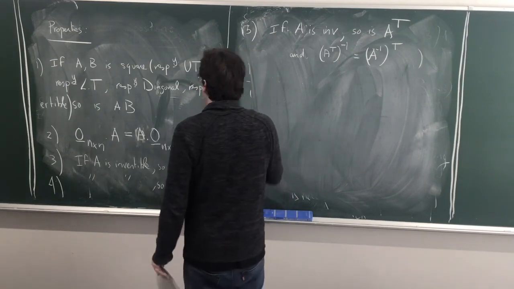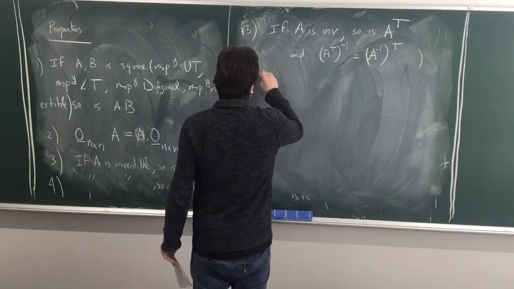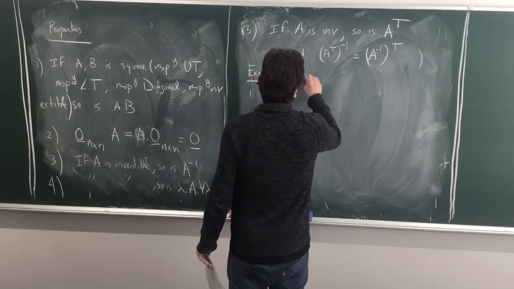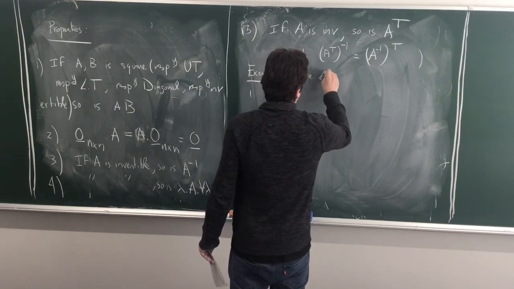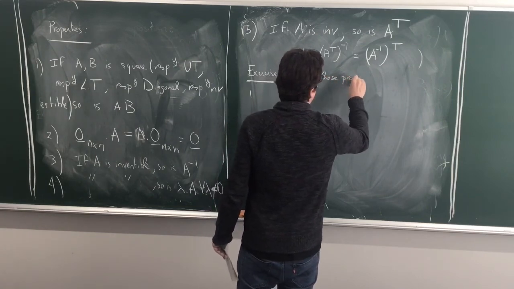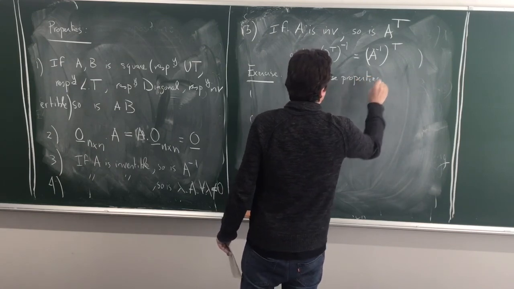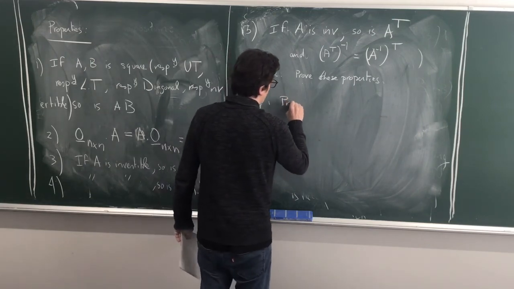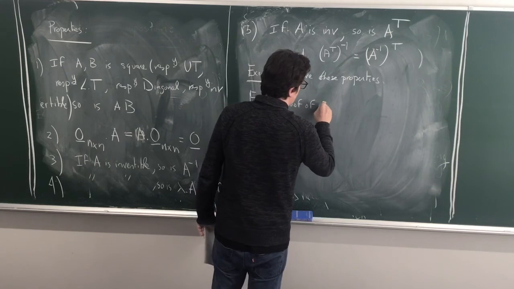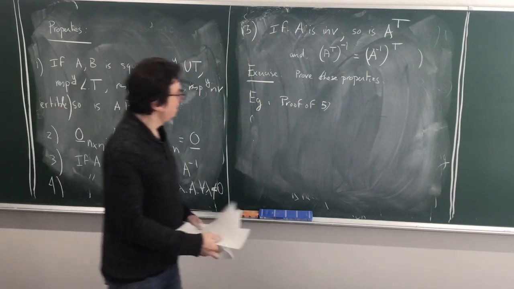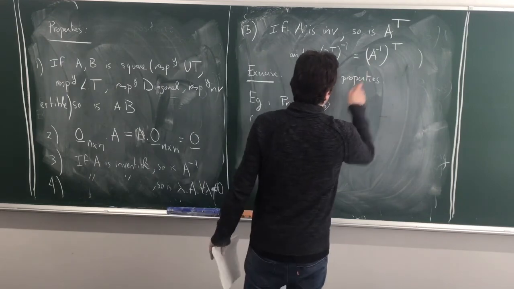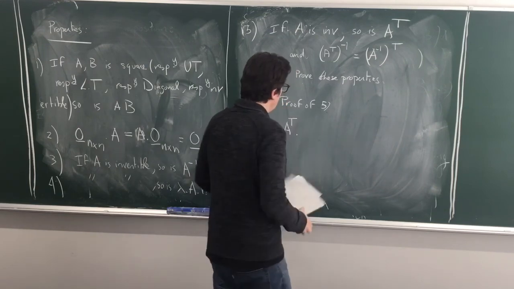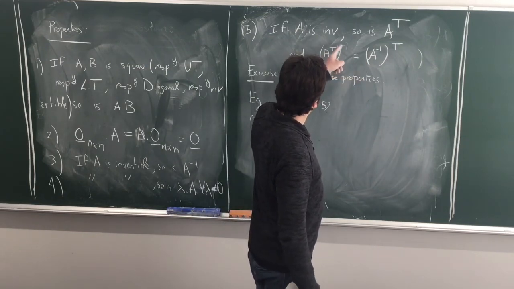Okay, so exercise: prove these properties. It's a very good exercise. Let me give you an example. If we want to prove 5, then basically we need to calculate A transpose times (A^(-1)) transpose.